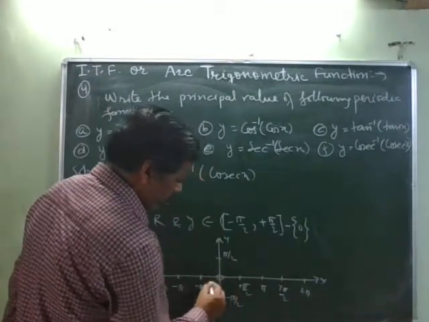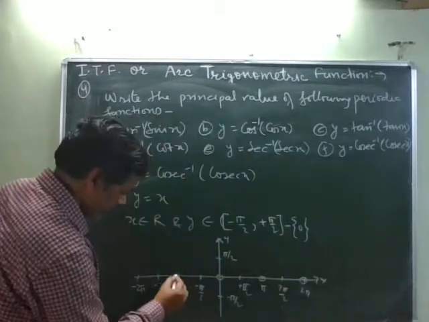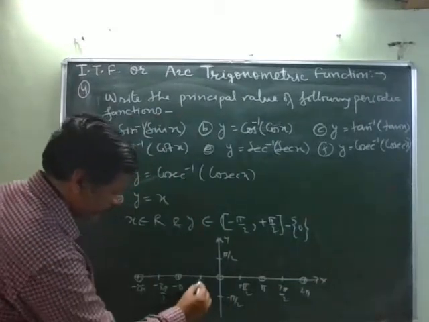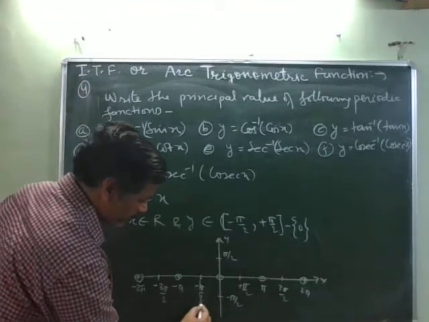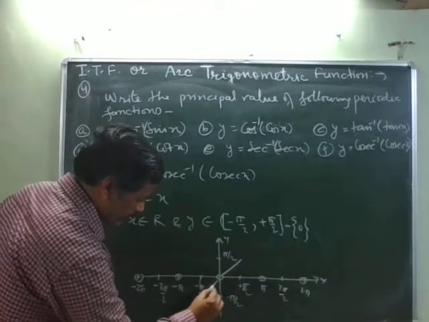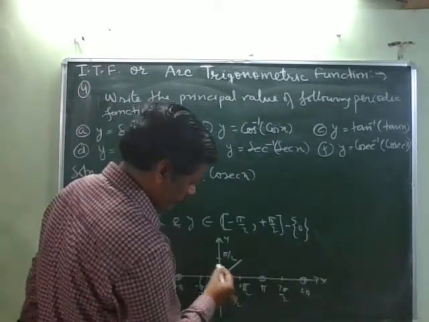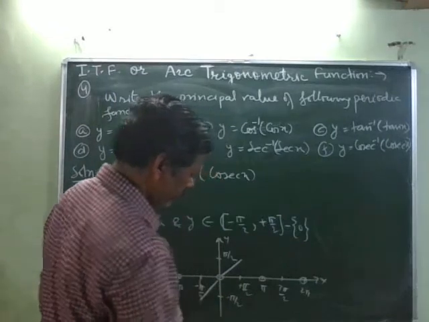At 0, cosec x is not defined, here not defined, here not defined, here not defined, here not defined. The graph comes out to be in such a way.